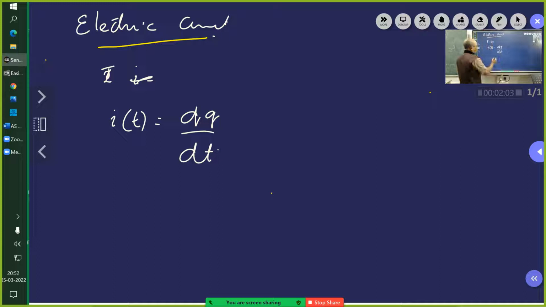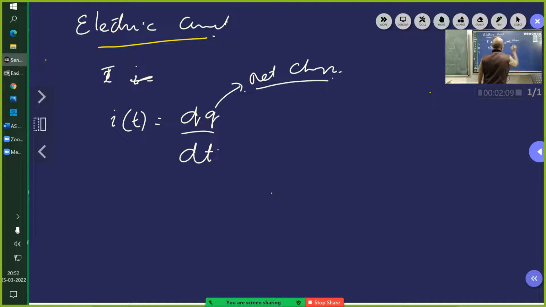So, here Q stands for what? Net charges. Net charges means, if you take a given volume or a given area, or a given point also, then you should take the positive charges. Say there are n1 number of positive charges and n2 number of negative charges.